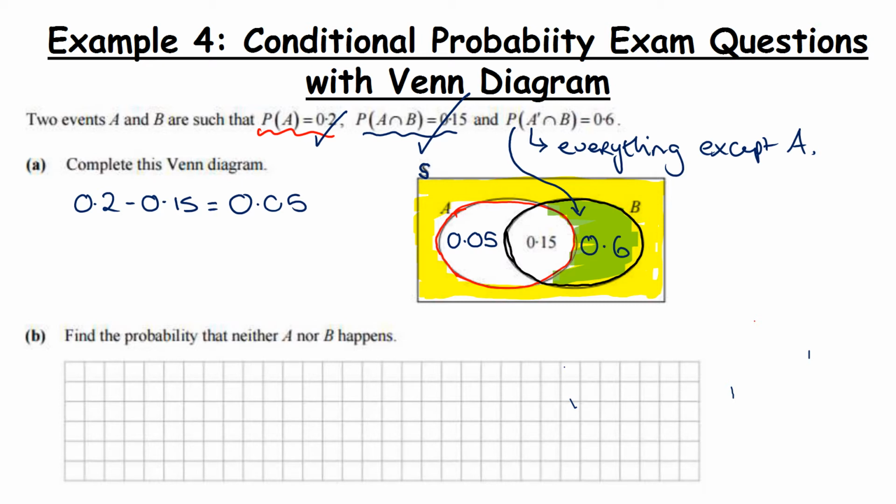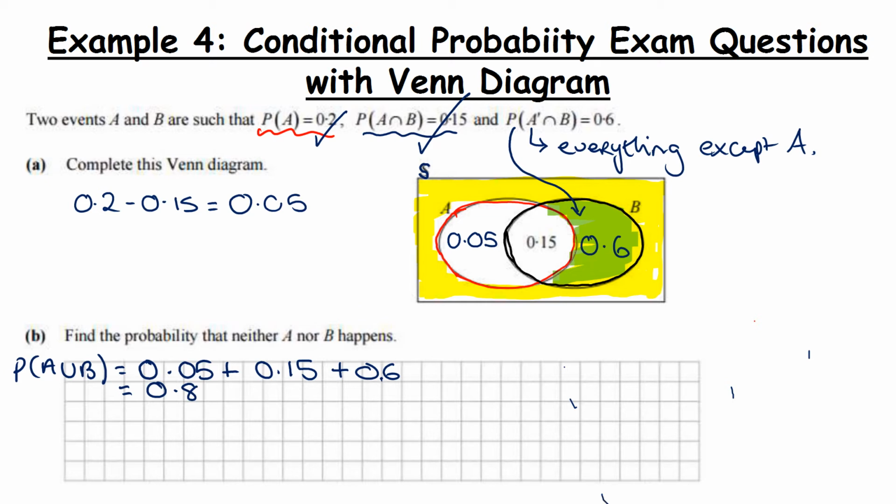So let's work that out. The first thing we're going to do is find out what probability A or B has. So this is the probability of A or B, which is union. When we work that out, we get 0.8.